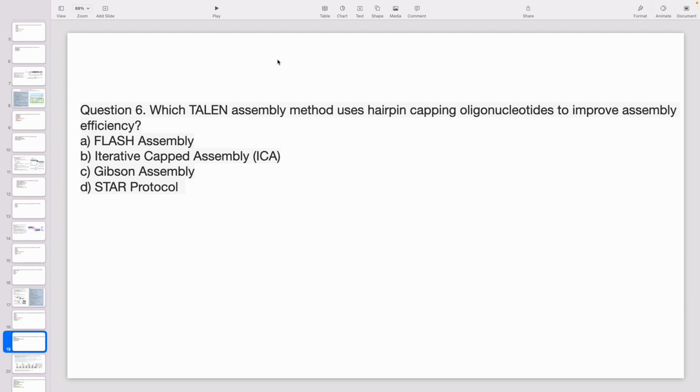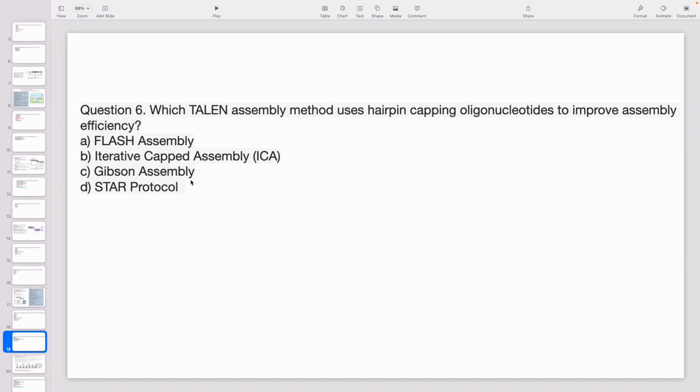So there are certain mechanisms by which these repeats are assembled. Flash assembly, iterative capped assembly, Gibson assembly, and the STAR protocol are the different types of TALEN assembly methods.